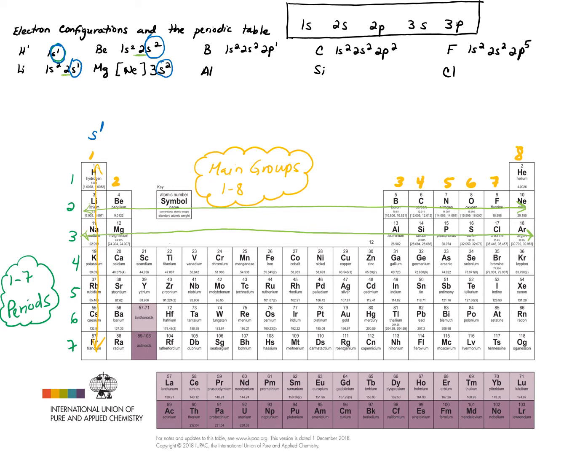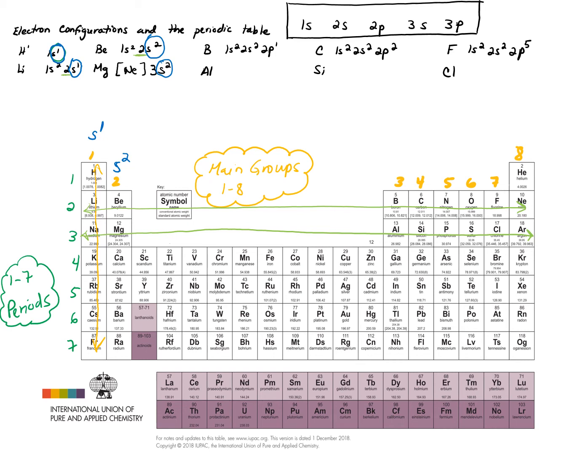We didn't write down anything for calcium, strontium, or any other element in group number 2. But based on what we have for these two, we can predict that everything in group 2 is going to have an electron configuration that ends in s2.